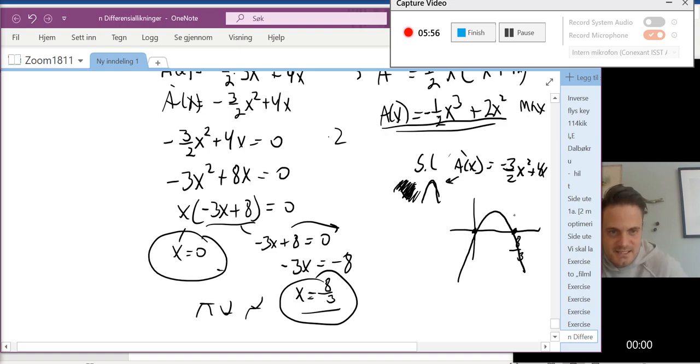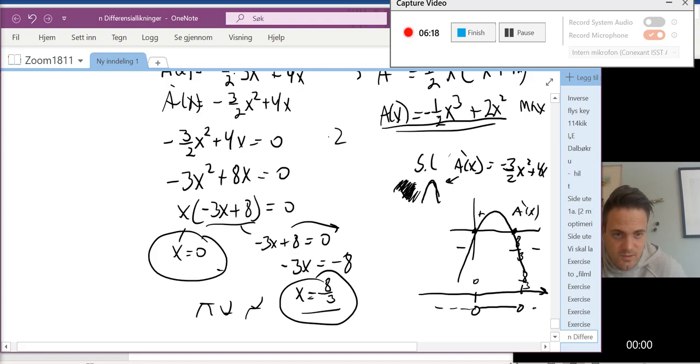So we see this is the derivative. So the derivative is first negative, then positive, and then negative, right? So we can draw a sign line here when x is 0, x is 8/3 by just looking at the graph of the derivative. It's first negative, then 0, then positive, then 0, and then negative.